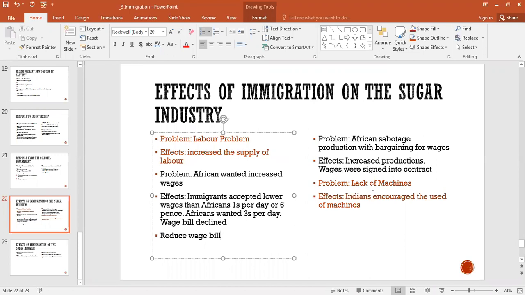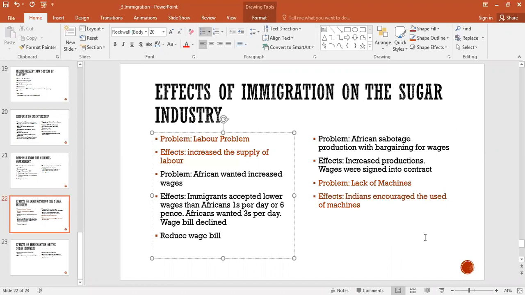And then the immigrants also brought with them a lot of machines. And remember that one of the reasons why the sugar plantations had a lot of different problems was that they never had a lot of machines being used on the plantation. So with the Chinese and the immigrants coming to the Caribbean, you're going to have increased use of machines.